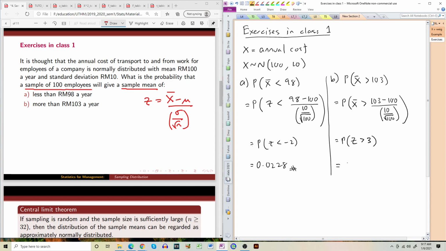Did you guys get 0.0...? Okay, let me do this anyway. In case you forgot, 3 here, the shaded part is here.